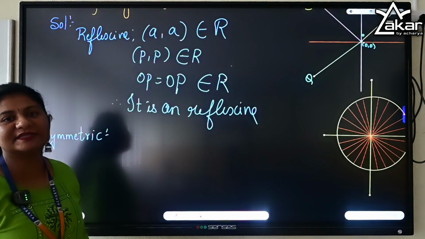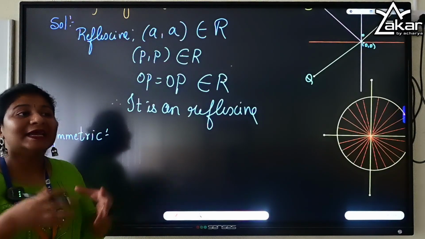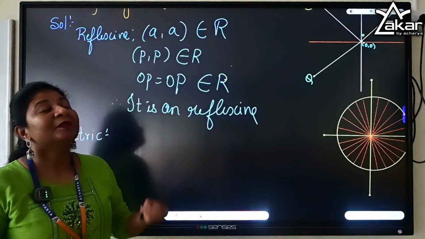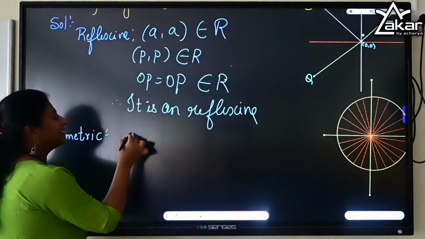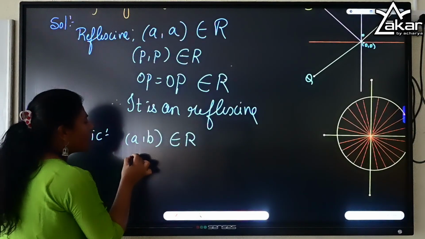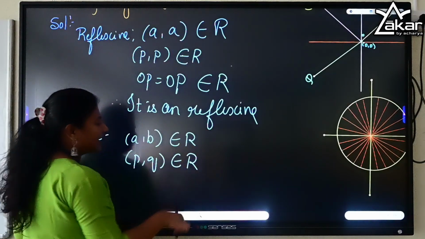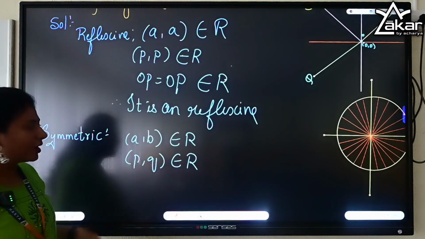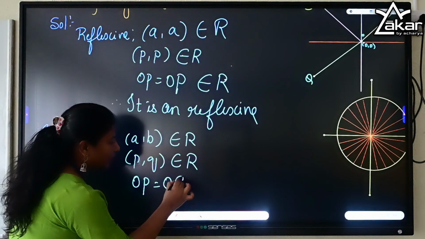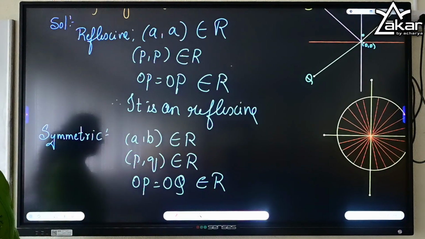As the question defines, both points are related to each other, with the same distance from the origin. So I can directly write: if (A, B) belongs to R, then obviously (P, Q) also belongs to R. If (P, Q) belongs to R, it means OP is equal to OQ.